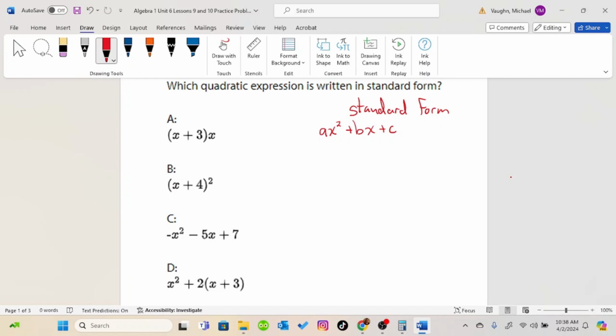The only one that is written in this form is c. A equals -1, b equals -5, and c equals 7. A is in factored form, b is in factored form, and d is in partially factored form.